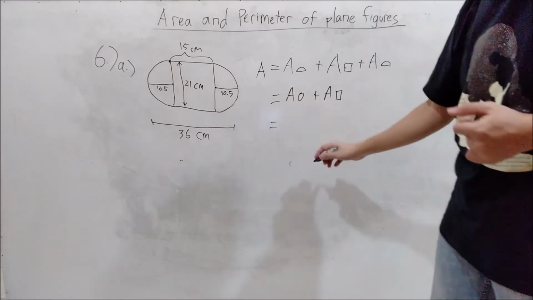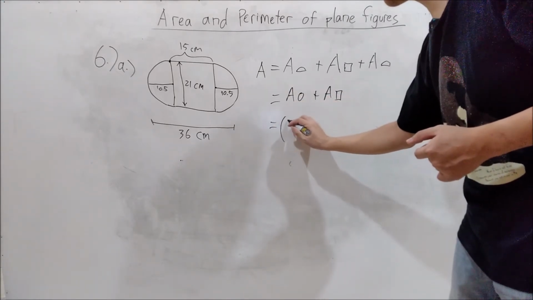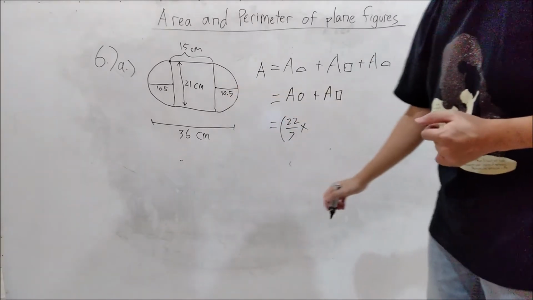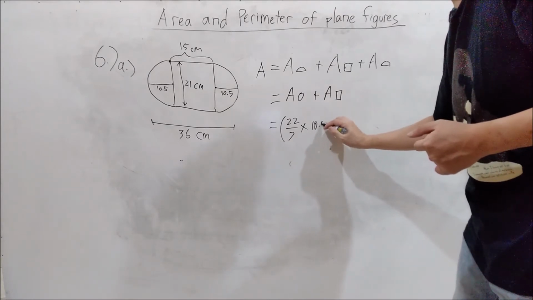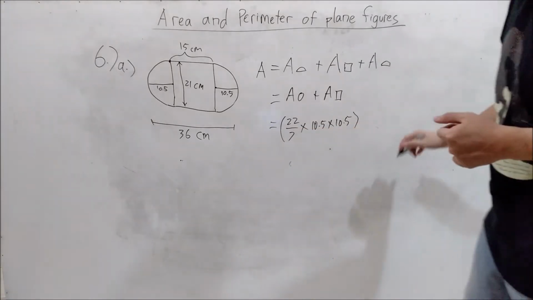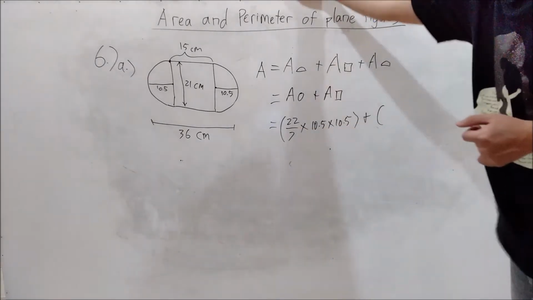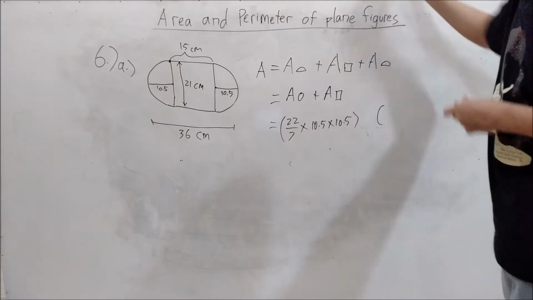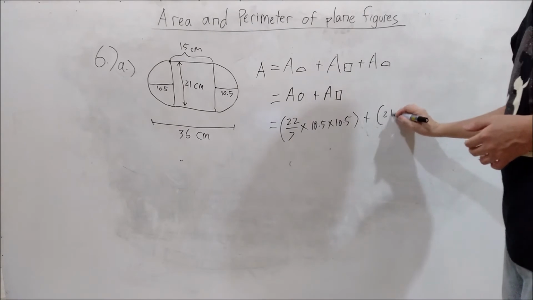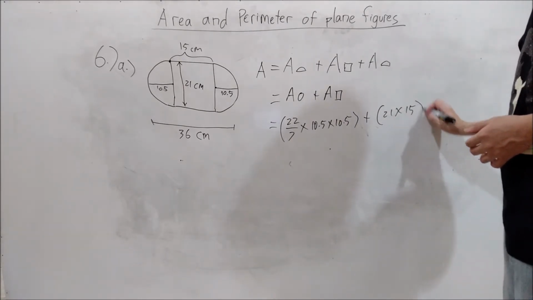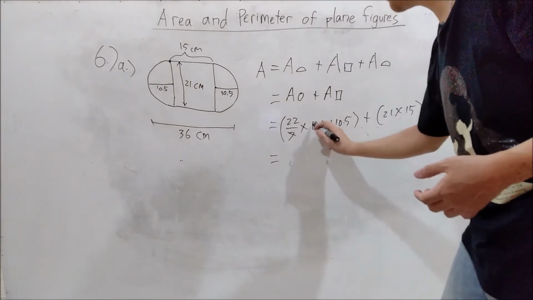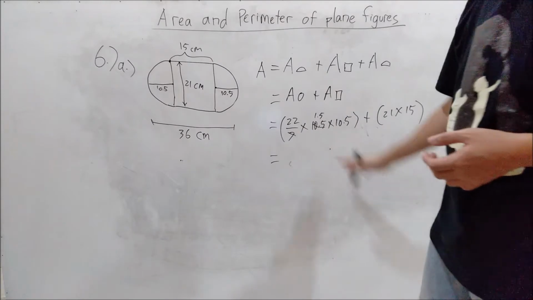How do you find the area of the circle? The area of the circle is pi or 22/7 times, since the radius is 10.5, 10.5 times 10.5, pi r square. Plus the area of the rectangle will be 21 times 15. Then after this, you just have to count it. It will be 1.5 when you divide by 7.